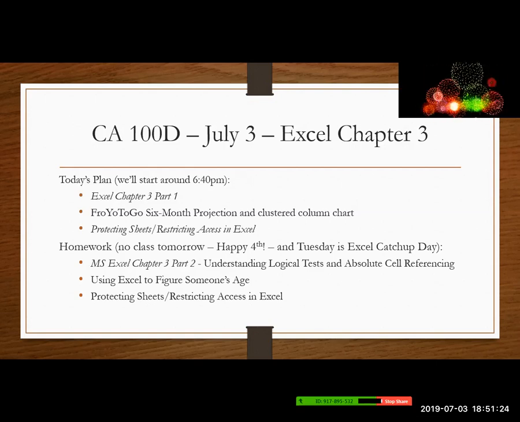But today, I wanted to talk about Excel Chapter 3, which is kind of continuing on what we were talking about yesterday, that is working with formulas, but also we're going to play around with charting and creating charts, as well as using a feature in the latest versions of Excel called what-if assumptions.